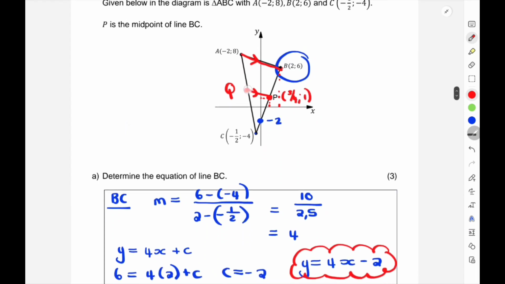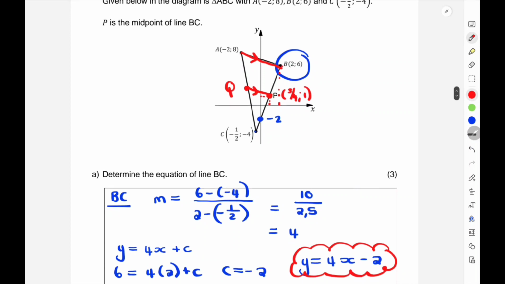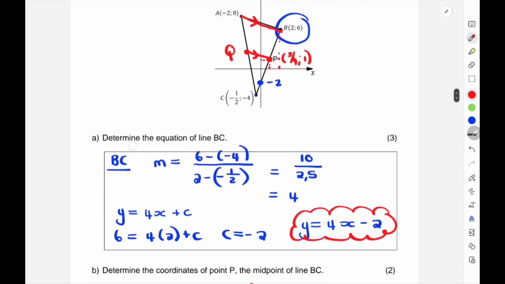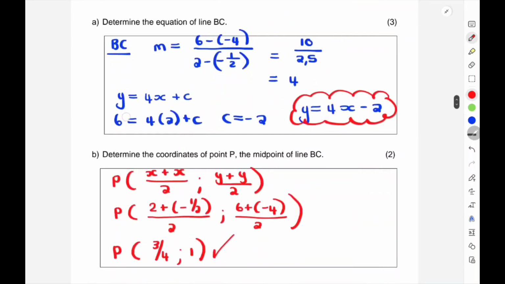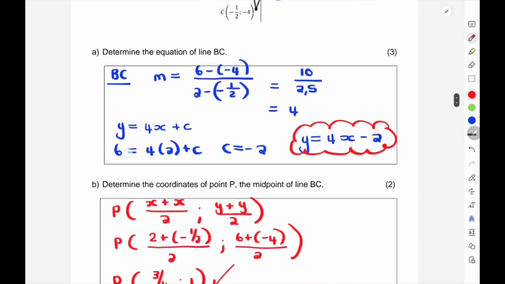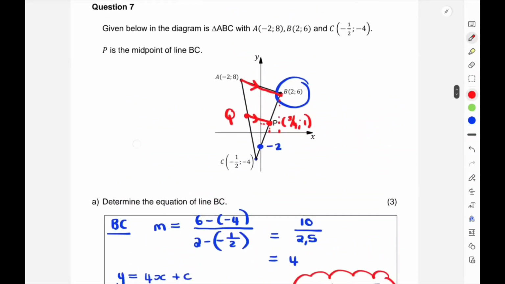So they are looking for the equation here. So do I have perhaps AB's gradient? Let's just see. No, we don't have the gradient. Okay, so we can work with the gradient of AB.